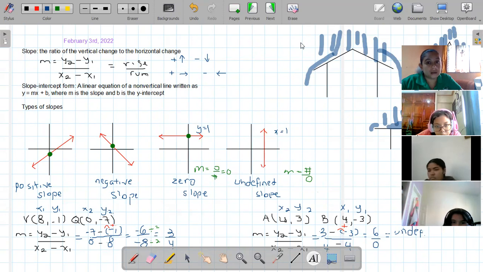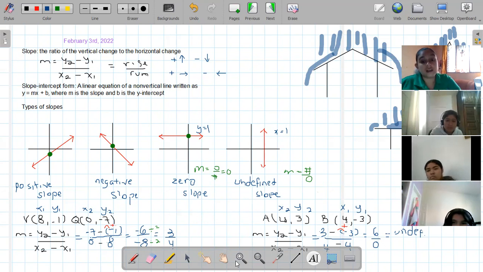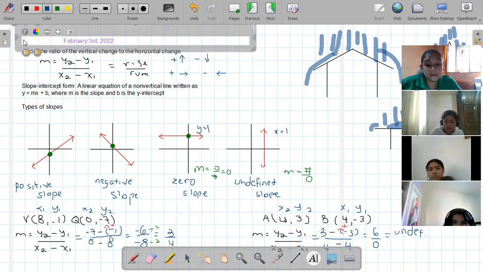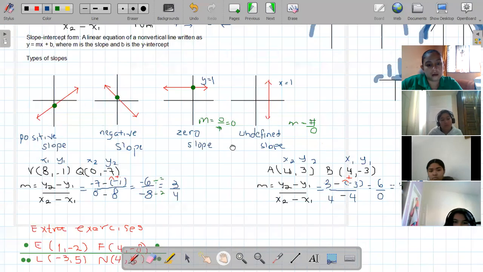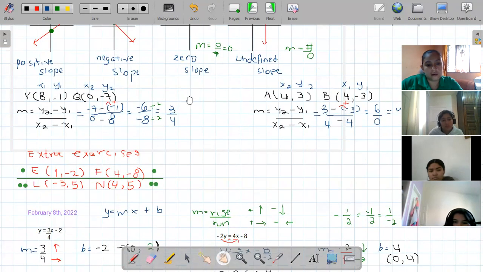I cannot open the chat. Sometimes it doesn't work. What's today's topic? Slope-Intercept. Slope-Intercept what? Form. Slope-Intercept form, what? What did we graph? What are these down here? What are they?